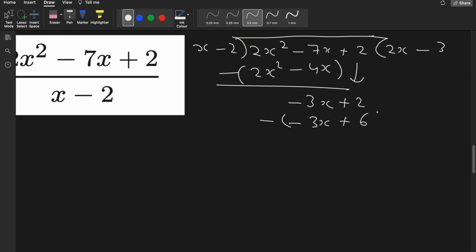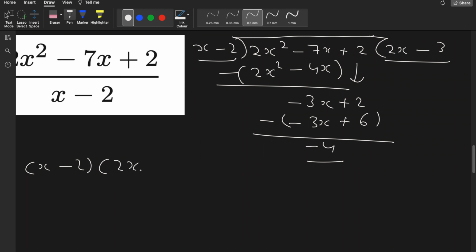When we subtract this, we get minus 4. Therefore, the divisor is this, the quotient is 2x minus 3, and the remainder is minus 4. When we put this in the proper form, we get x minus 2 multiplied by 2x minus 3, minus 4.